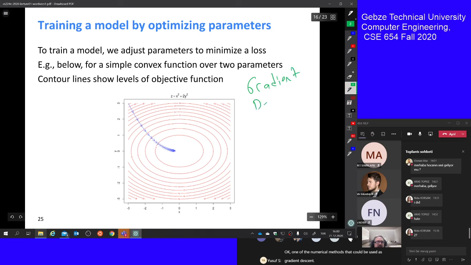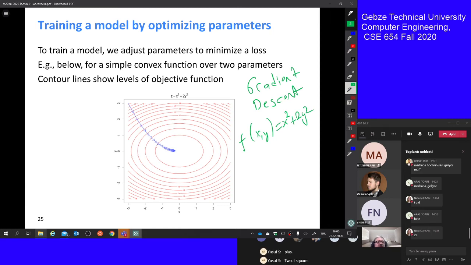Gradient descent is this. Let's say I have a function of two unknowns, f(x,y) is x squared plus 2y squared. And I like to find the position that makes this f(x,y) as small as possible.